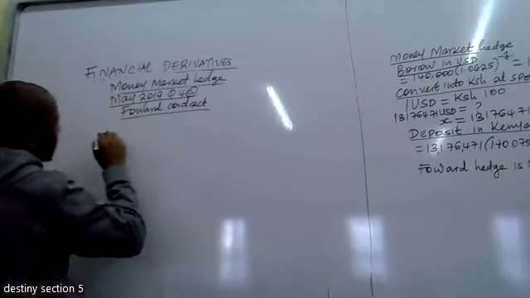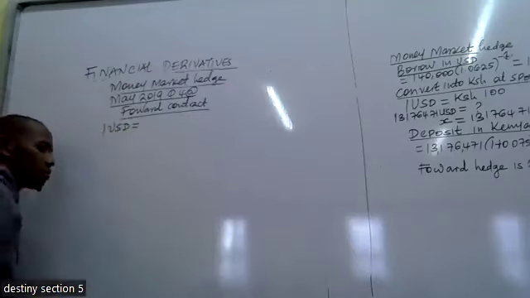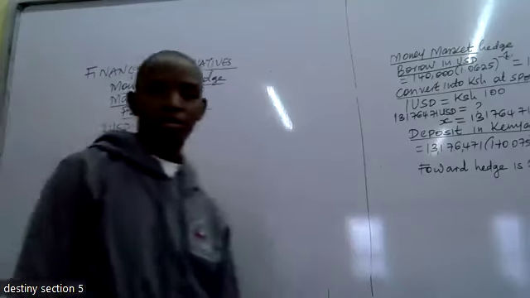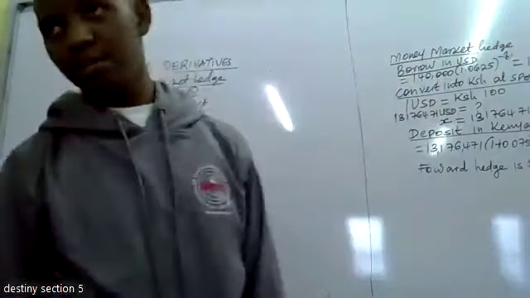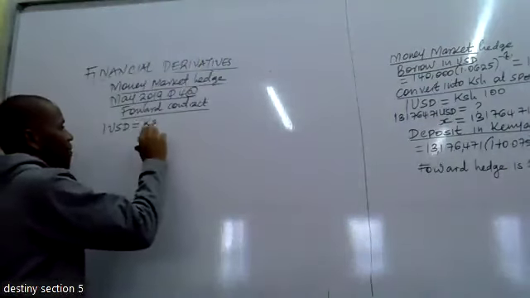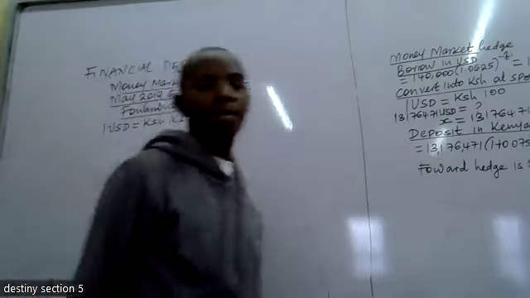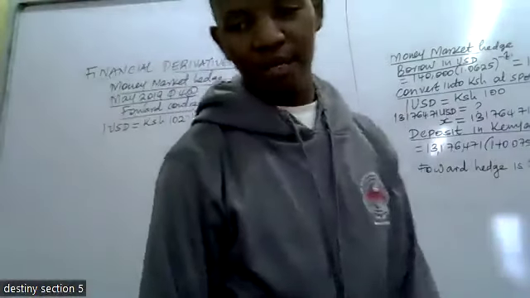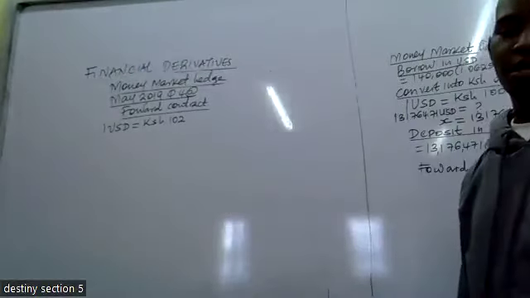So for the forward contract, 1 USD is equal to how much? It is 101 to 102. You use the higher value. So that means how many Kenyan shillings? We have been given 3 months, remember, in 3 months time. Therefore, we're going to use the 3 months forward rate.